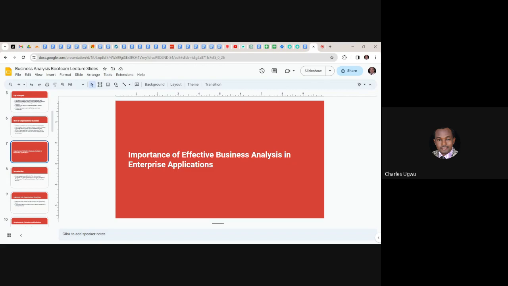I want to introduce enterprise application early enough because enterprise application is everything in today's business. In today's business landscape, everything is enterprise application.